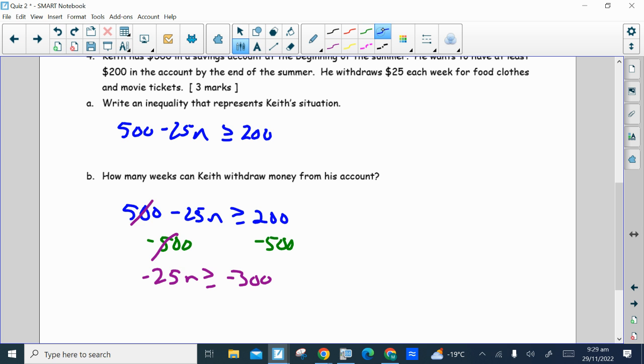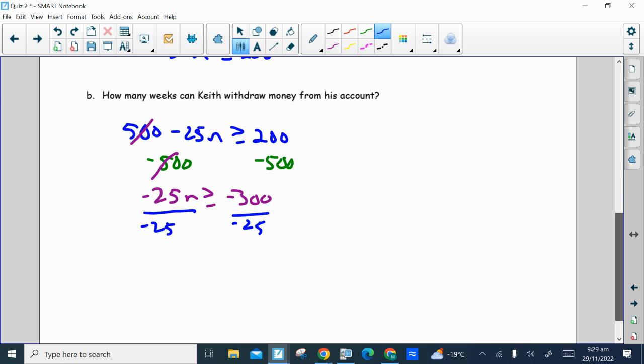And then when you divide both sides by negative 25, the inequality is going to reverse. Instead of greater than or equal to, it will be less than or equal to. And on the right, negative 300 divided by negative 25 is positive 12. So n has to be less than or equal to 12. He can withdraw the money for 12 weeks, but no more. And then he'll still have at least $200 in his account.